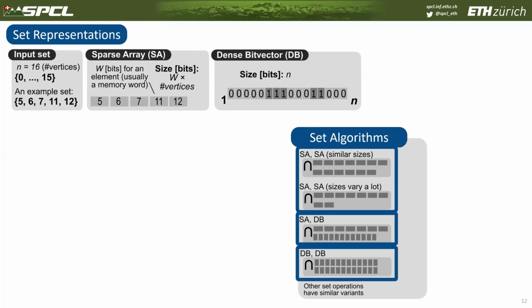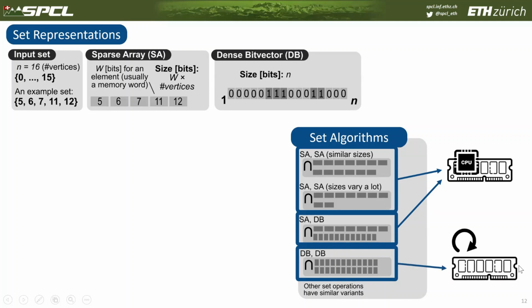And in SISA specifically, we are going to use the SISA PNM, processing near memory, for executing intersection or other set operations where at least one of the input sets is stored as a sparse array. And then we are going to use processing inside DRAM for intersecting 2 dense bit vectors.